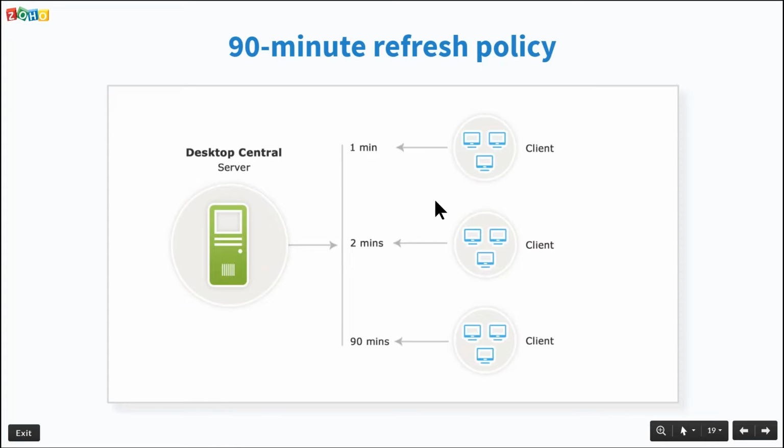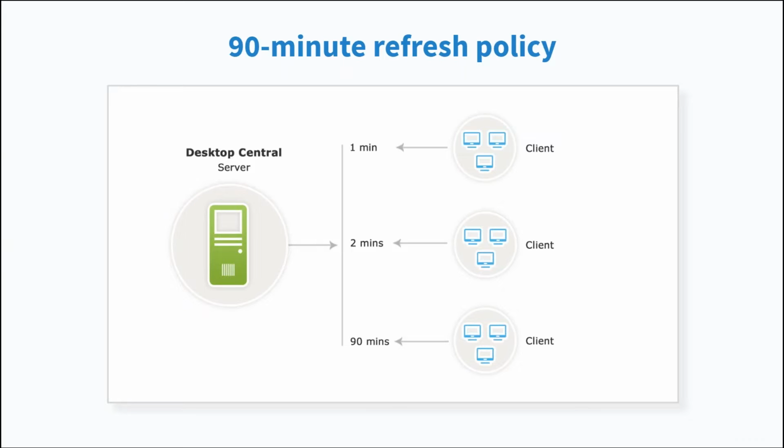So we ensure two important factors here. The network is not choked by the agent communication, meaning bandwidth is not disturbed due to the agent-server communication, and the performance of the server is not affected at any time. Desktop Central Server has an intelligence to ensure systematic, streamlined communication from all agents at regular intervals.